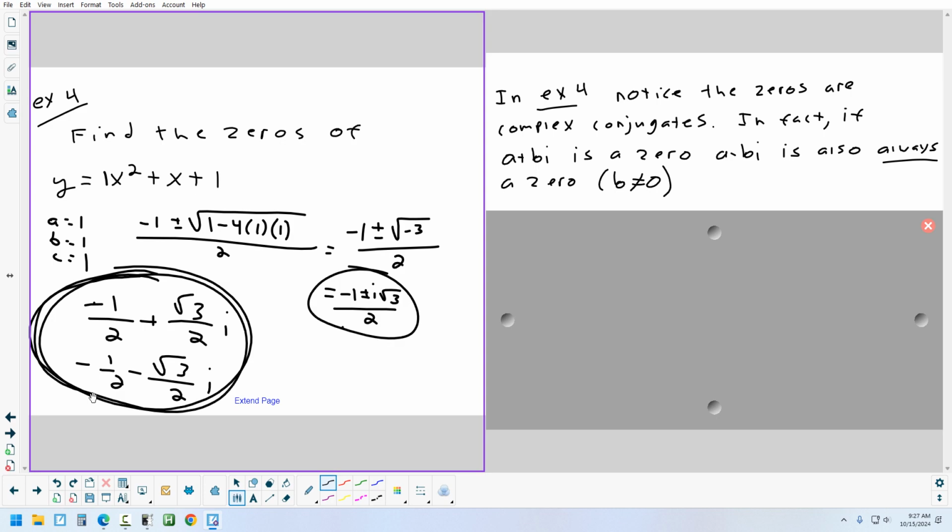And that is something that always happens when you're finding complex roots. Complex roots always occur in pairs. You cannot have an odd amount of complex roots. It has to be an even amount. You could have 2 complex roots, 4, 6, but you could not have 3. That's impossible.